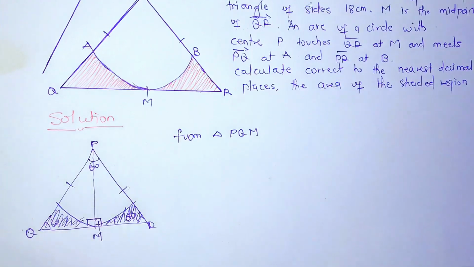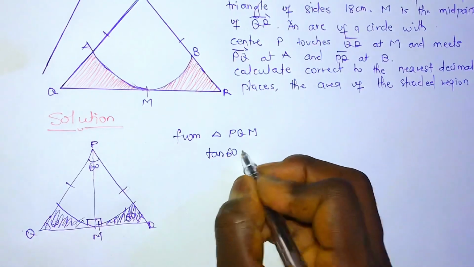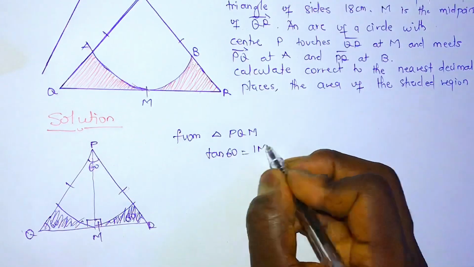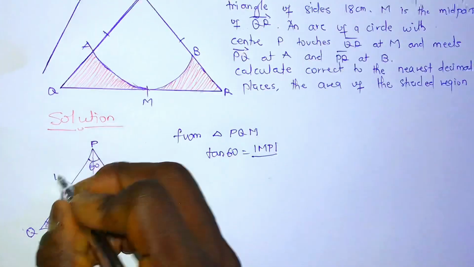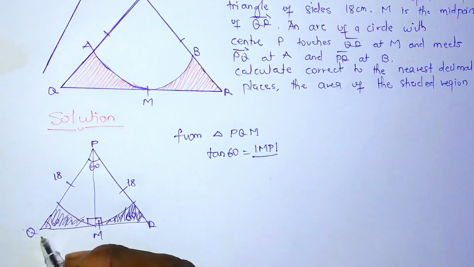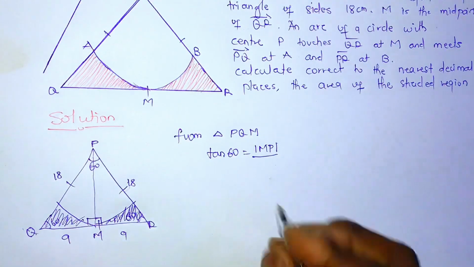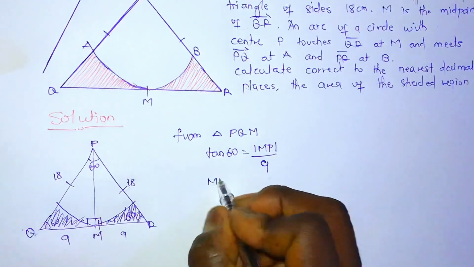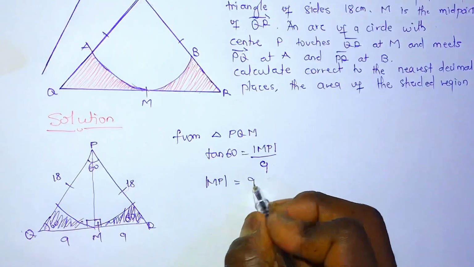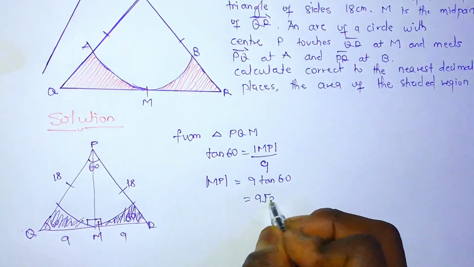Now, we can take tan of this angle, tan 60 is equal to opposite, which is the PM over adjacent. Now from P to Q is 18, so from Q to M is 9, and this side is also 9, making 18. So tan 60 is equal to MP over 9. So length MP is equal to 9 tan 60, and that's going to be 9 root 3.